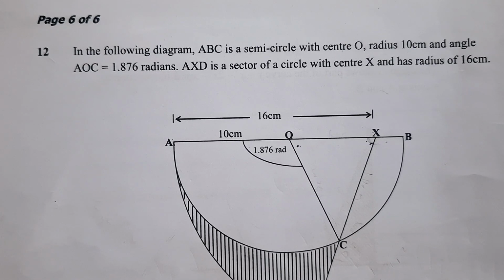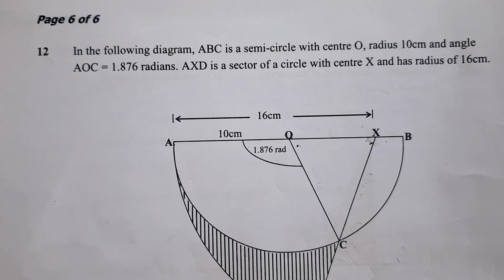This is Chamba Jacob. Alright, so we've got this question here which reads: in the following diagram, ABC is a semicircle with center O, radius 10 centimeters, and angle AOC is equal to 1.876 radians.